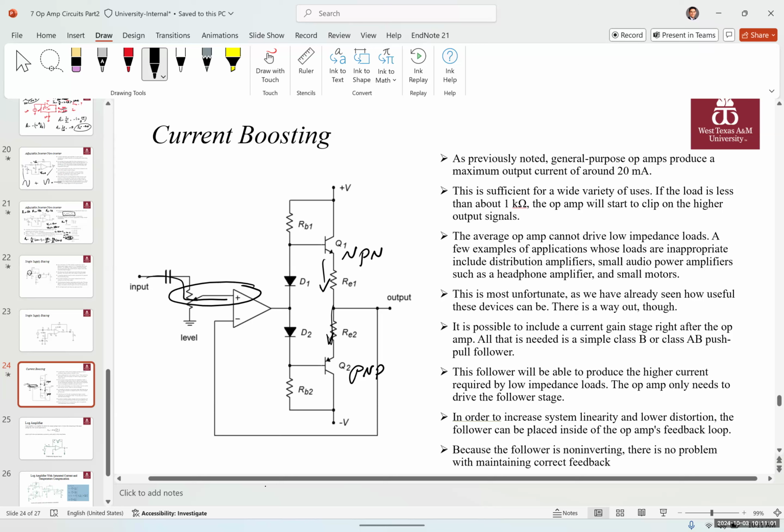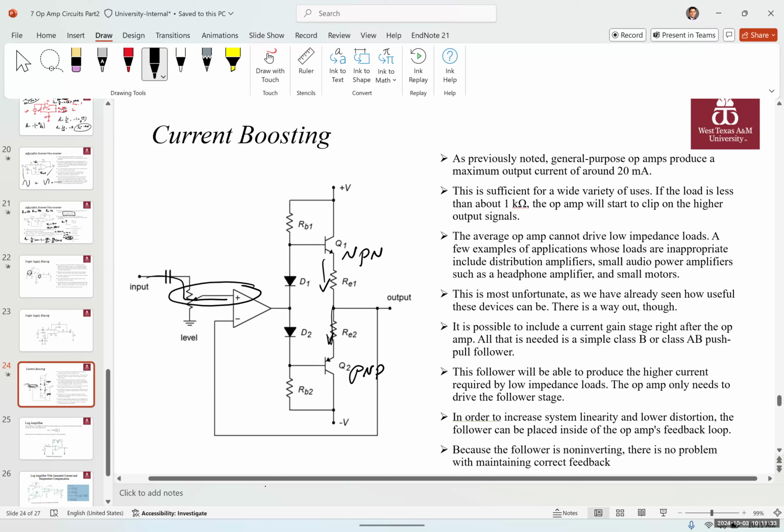When I say high current, it doesn't mean you can create something like 2000 amps. Obviously, all these transistors, diodes and op amps have limitations, but it won't go into saturation like an op amp. You can create higher currents out of this. The main function of these is when we have a small load resistor at the output.